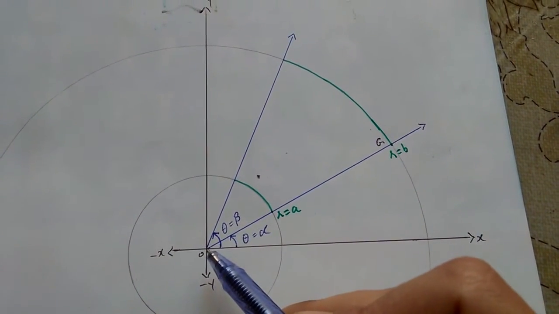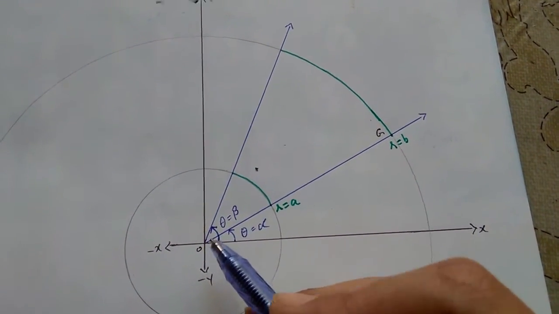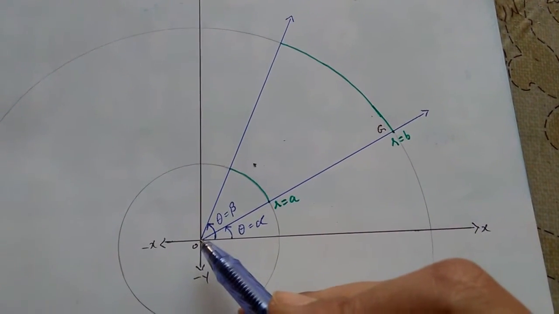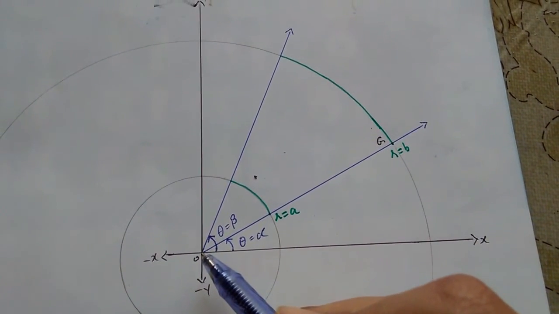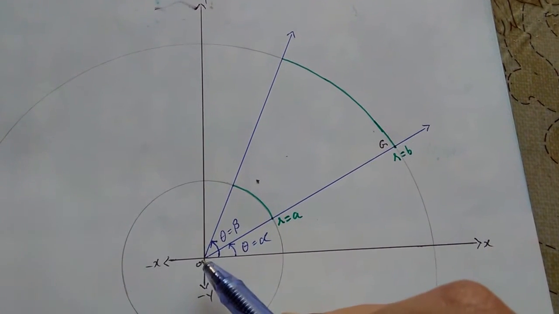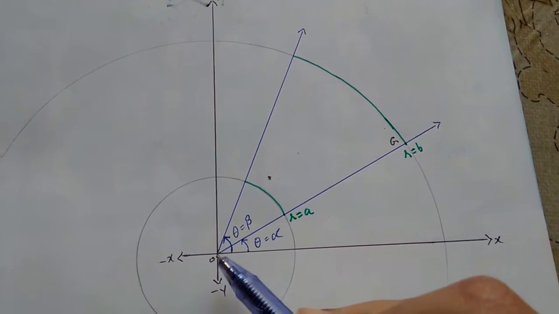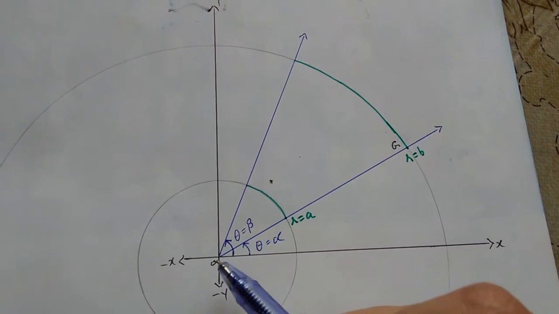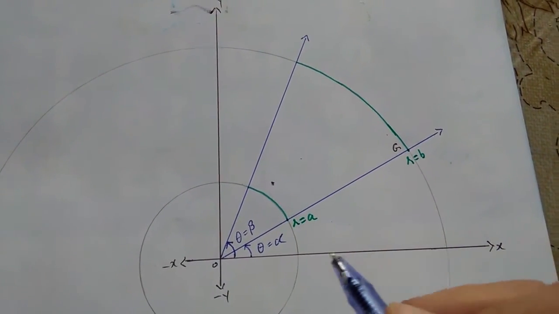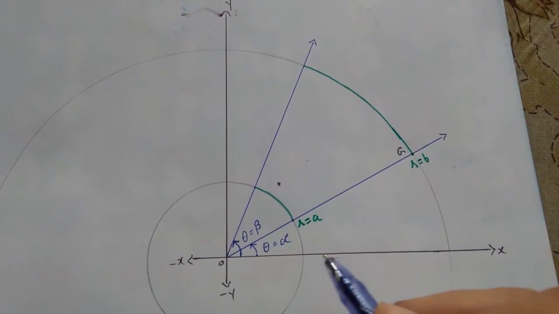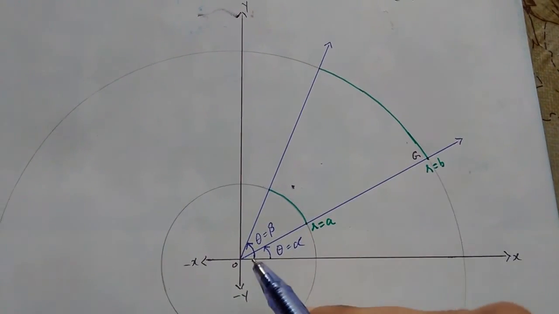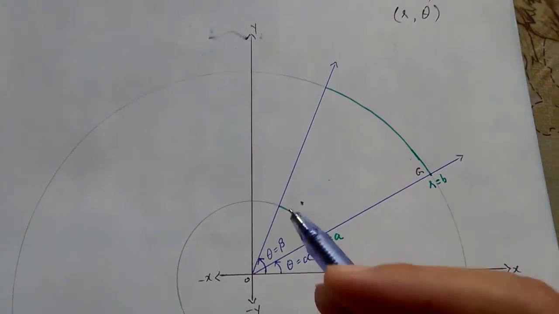What exactly is a pole? A point with respect to which we measure an angle is called a pole. The line with respect to which we measure the angle is called the initial line. Here the x-axis is my initial line, and this point is my pole.